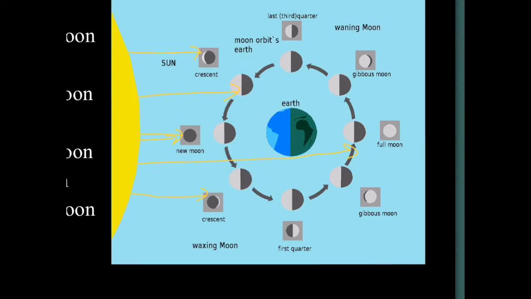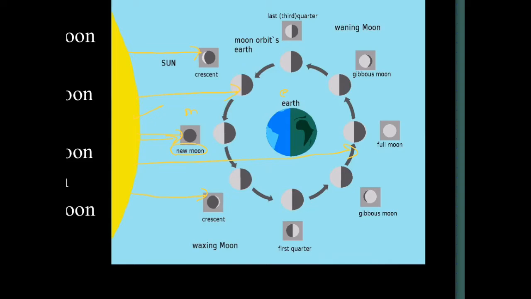Because the sun's rays are hitting the other side of the moon, when the sun and the moon and the earth are in a straight line, we're going to have what's called a new moon, which means you're not going to see anything. You won't see a moon in the daytime sky or the nighttime sky.